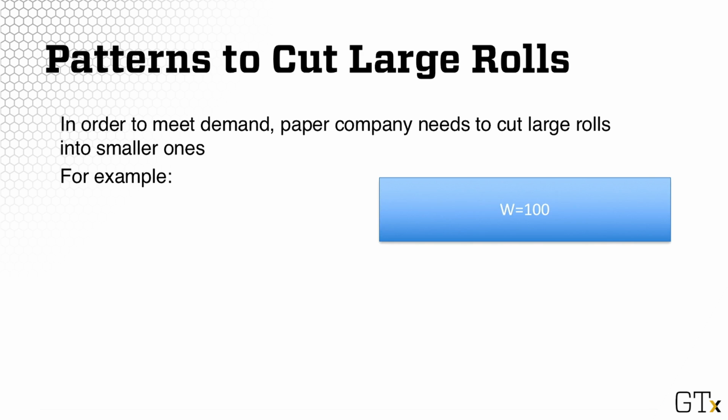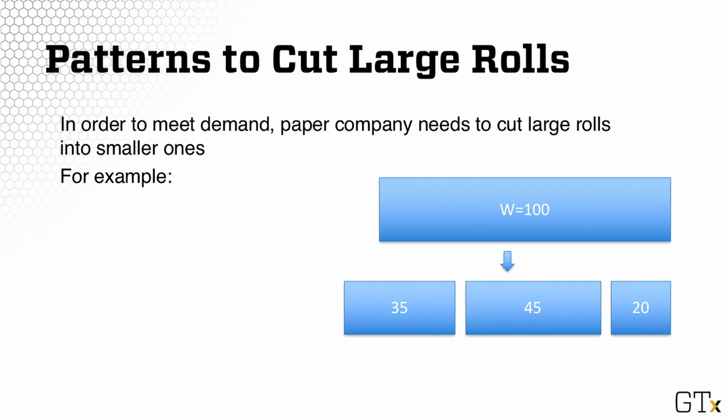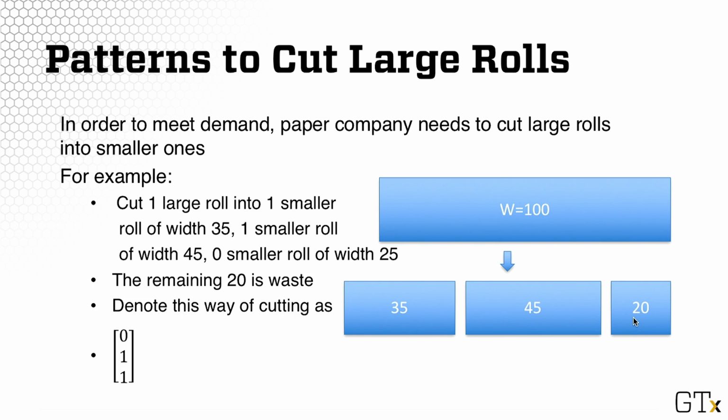For example, the width is 100, and this width can be cut into, for example, 35, 45, and 20. What is the total width? Well, that's exactly 100, so we exactly used up this roll, of course. And we can write this way of cutting in the following way. Remember, the demand has 25, 35, 45 as widths.